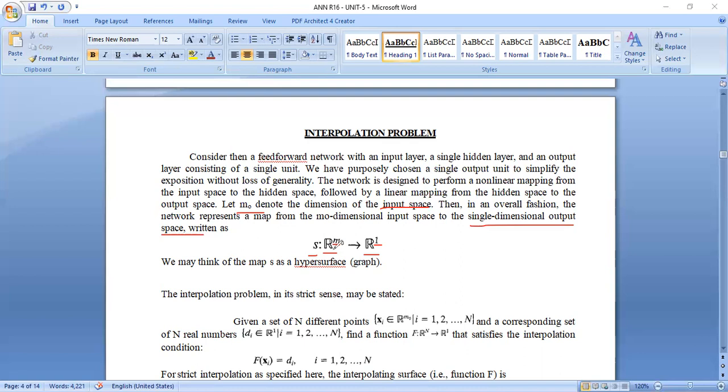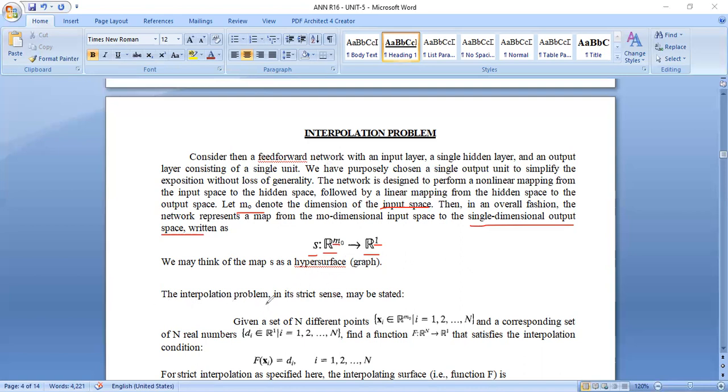But at the input space, we have multiple nodes, which are represented by M0. Now we need to perform a mapping from R to the power of M0 to R to the power of 1.